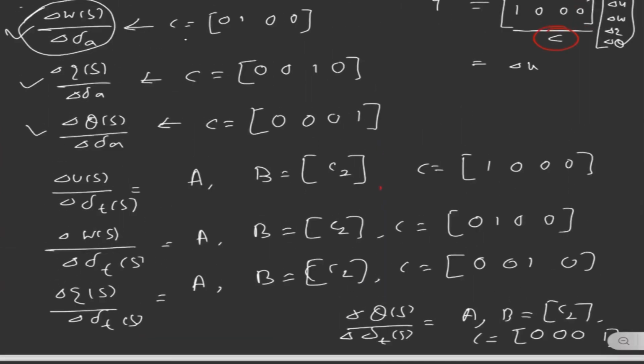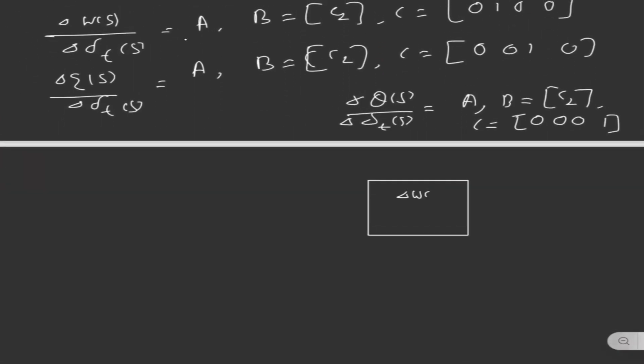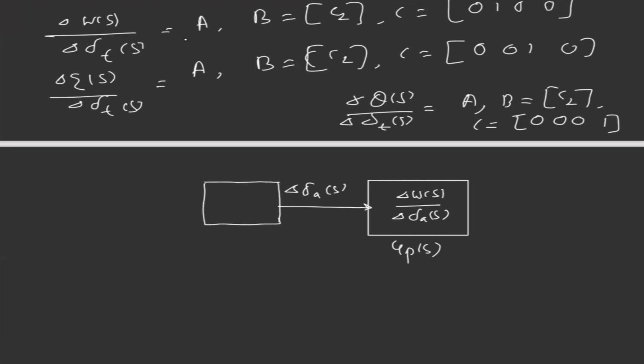And please remember, these transfer functions are basically plant transfer functions. So if you consider delta WS with respect to delta del S, this is basically our GP, and we have the control input, delta del A S, which is given by the actuator.